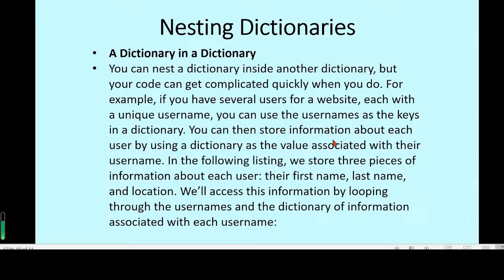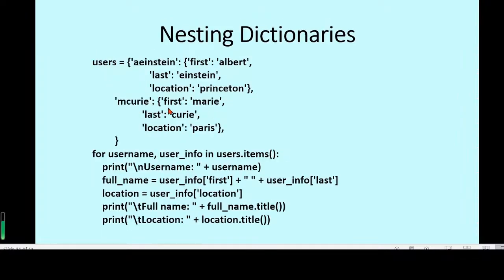You can then store information about each user by using a dictionary as the value associated with their username. So in the following listing, we store 3 pieces of information about each user: their first name, last name, and location. We will access this information by looping through the usernames and the dictionary of information associated with each username. We create a dictionary.